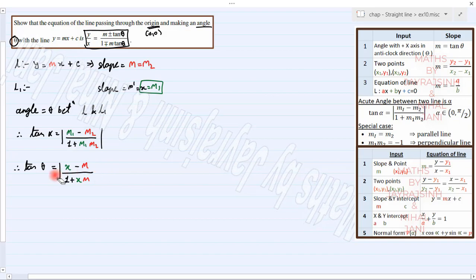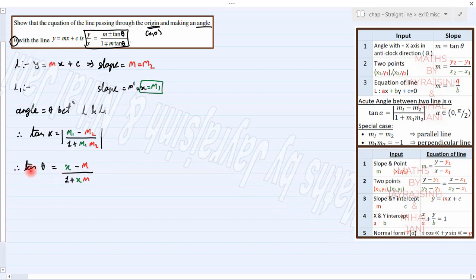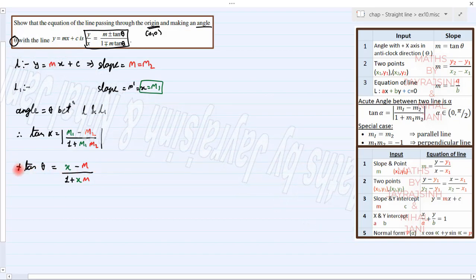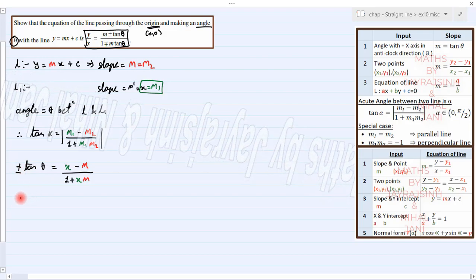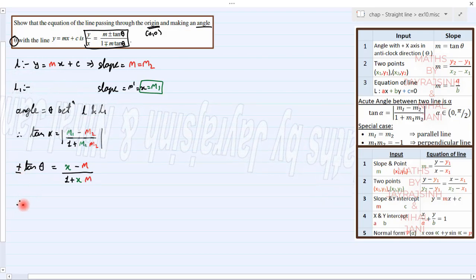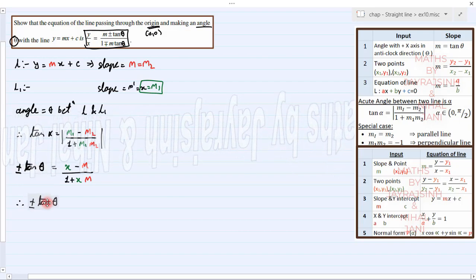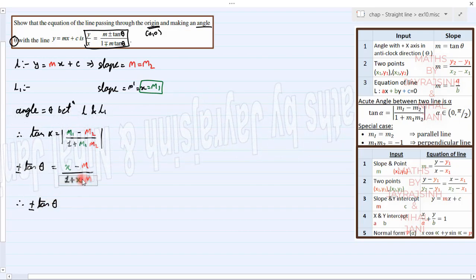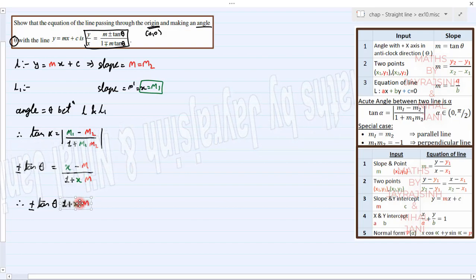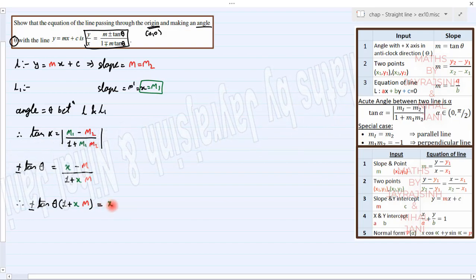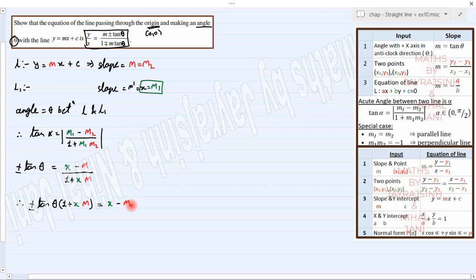Now, if we remove the mod, we have to write plus or minus on the left hand side. Now, in further simplification, we have to multiply plus or minus tan theta with (1 plus xm), and your right hand side will be as it is.